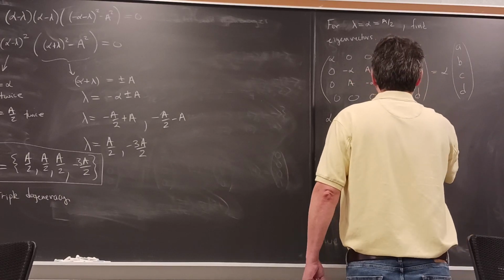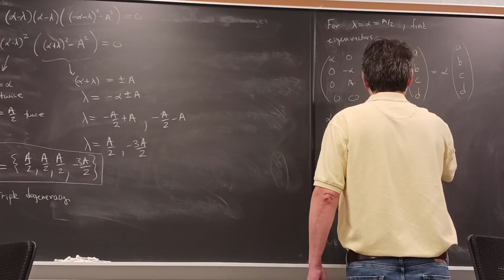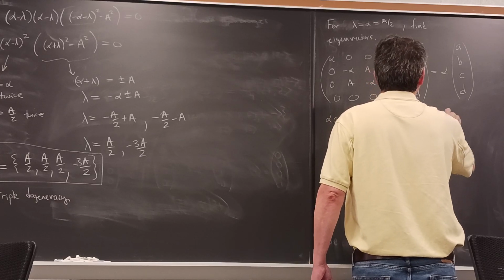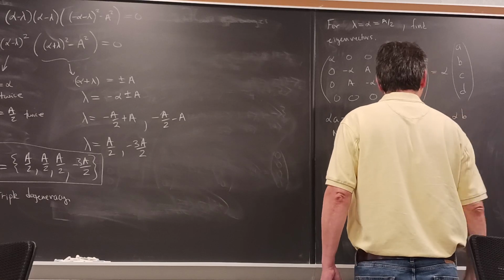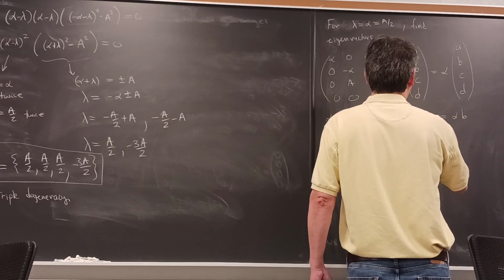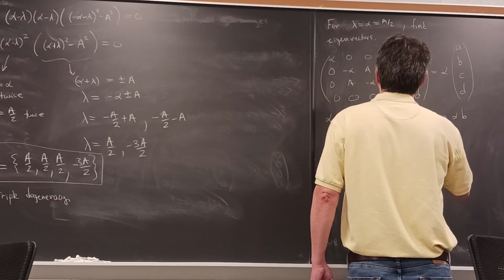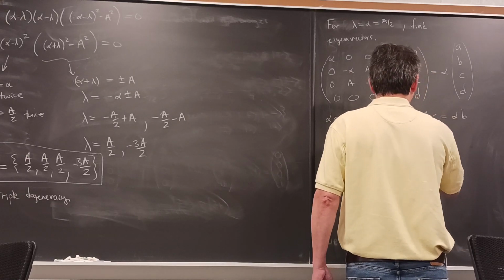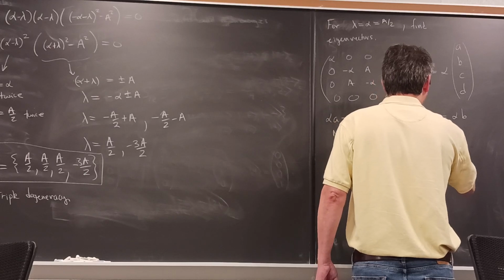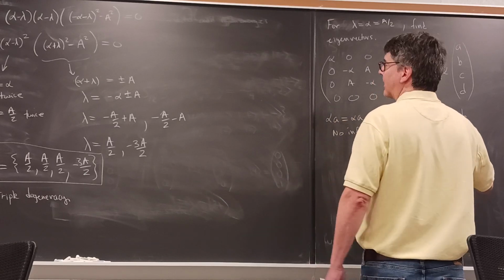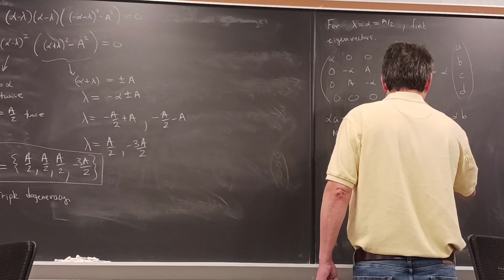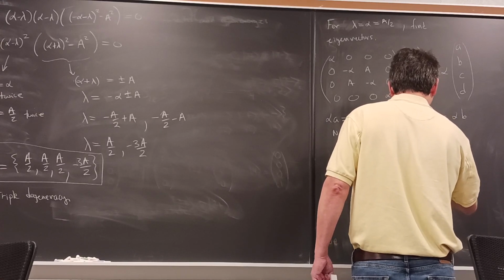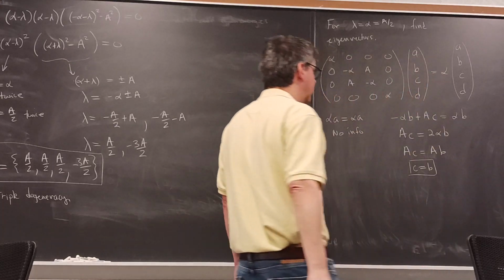So that's minus alpha b plus ac is equal to alpha b. Okay, right, so ac is equal to twice alpha b, but alpha is a over 2. So we have ac is equal to ab, so we have c equals b.